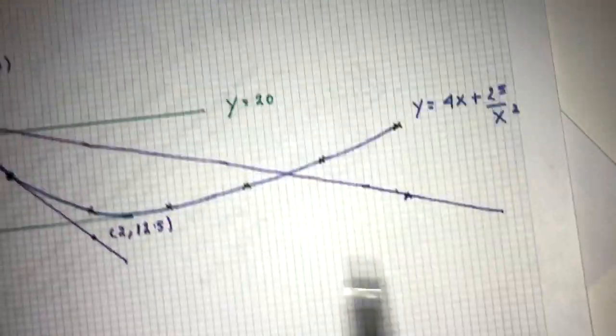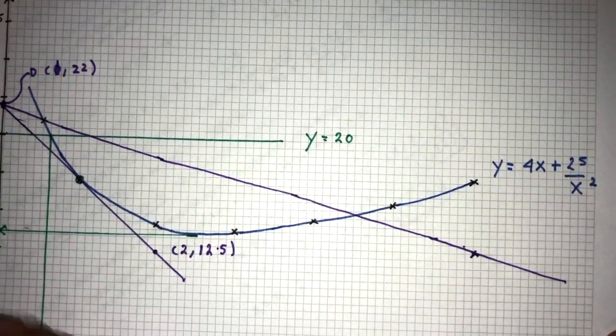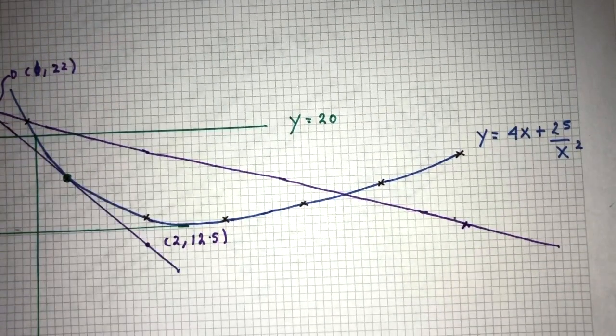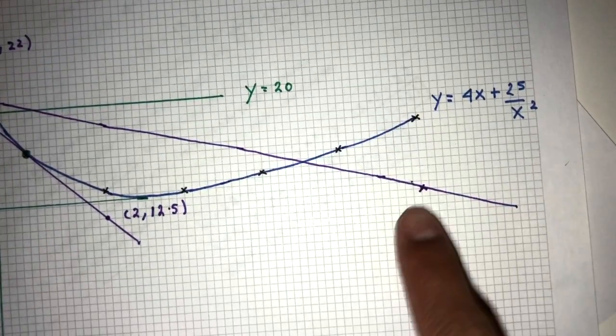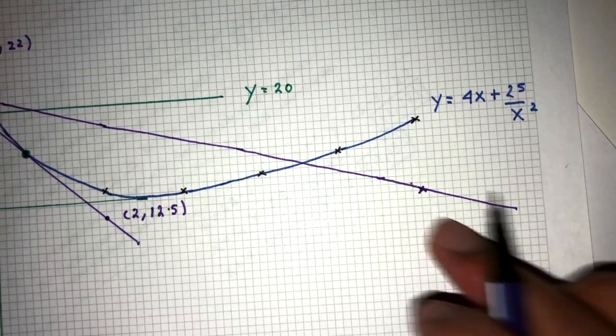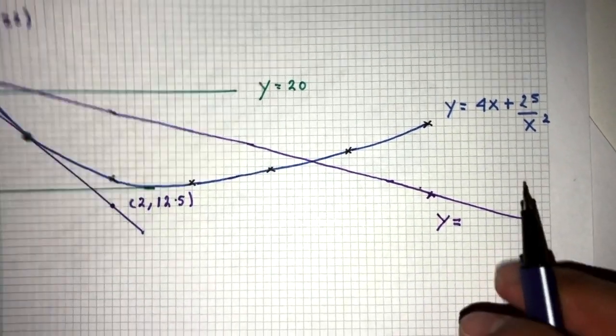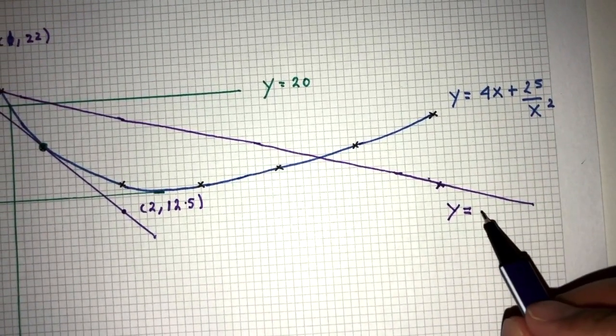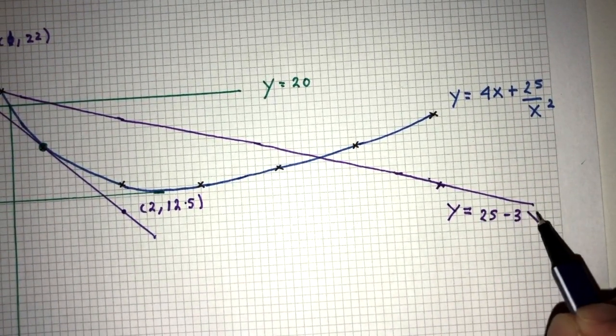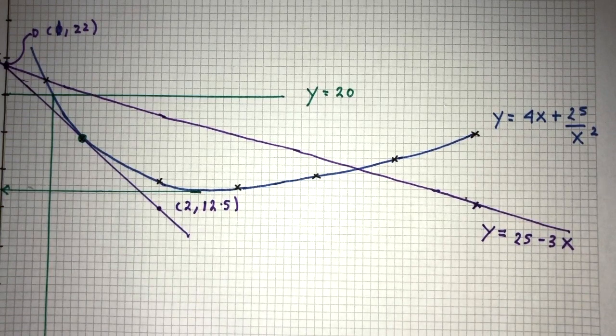As you can see, this will be the line you have to draw to connect those 2 points. You have to start the line right here because we don't need to go past 4, but always label the line after you draw it. That will be y equal to 25 minus 3x. Okay, that will be my answer for part E.